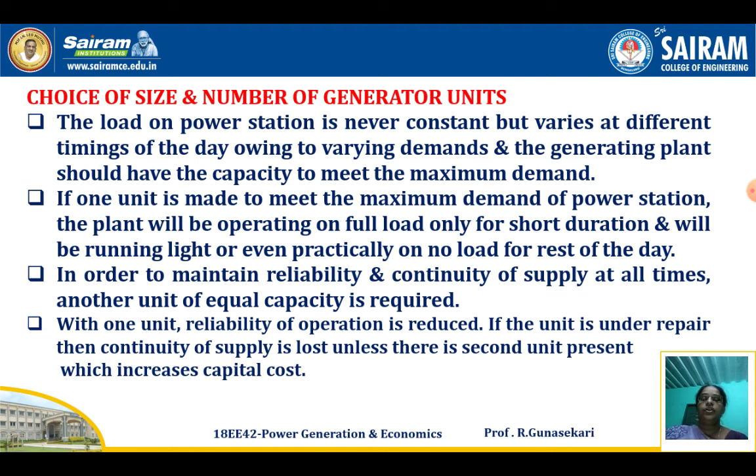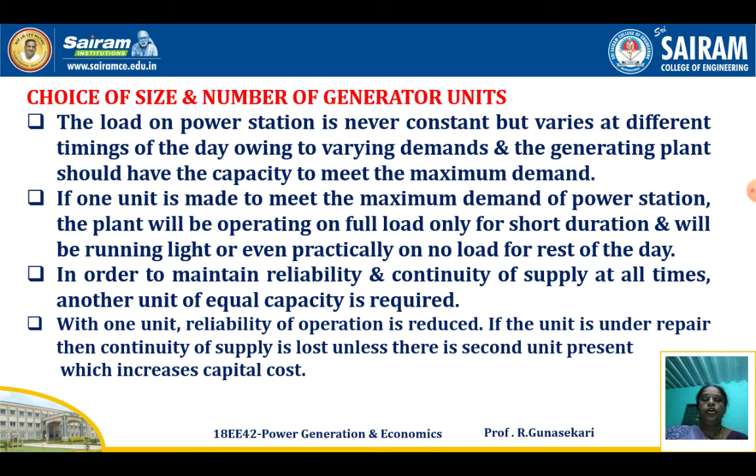Second, if one unit is made to meet the maximum demand of the power station, the plant will be operating on full load only for a short duration and will be running light or even practically on no load for the rest of the time.